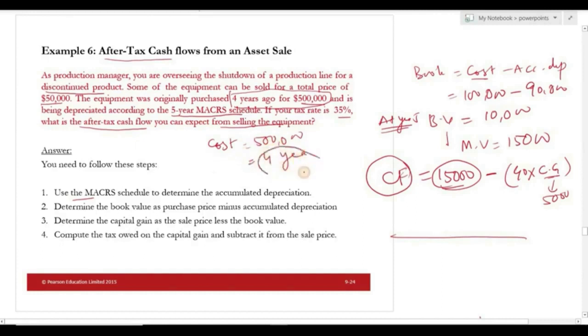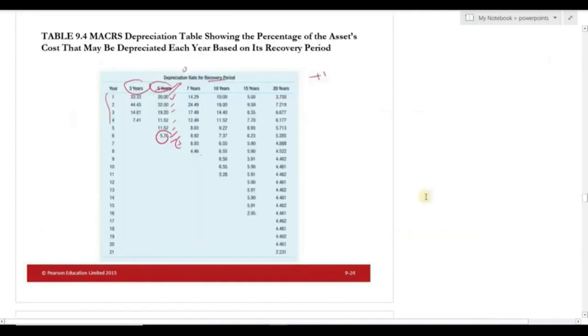So when it is a 4-year asset, if you see the MACRS table, there is no 4-year asset class here, but we can use the rates of the 5 years. Because it is for 5 years, rates would be 6, but if it is a 4-year asset, rates would be 4, 1 2 3 4 and 5.